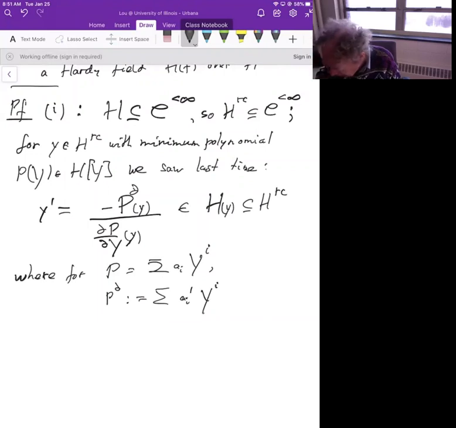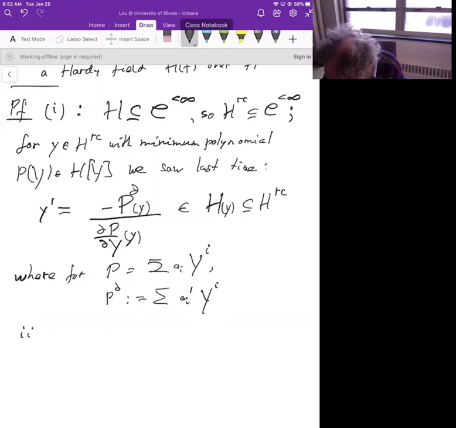Of course, the delta in P^delta has nothing to do with the delta in the notation for the partial derivative. This partial derivative is a formal derivative with respect to the capital Y variable. Okay. So that I think shows you one.